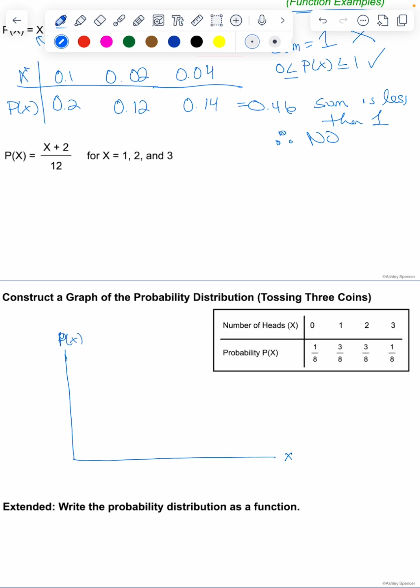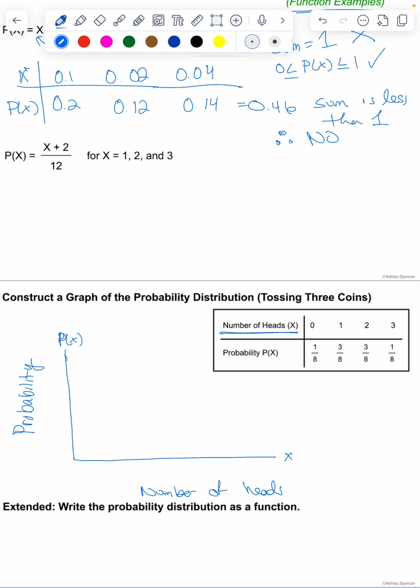This is going to represent P of X. Down here, we've got the number of heads, because that is what our variable is. And over here, we've got our probability. We are graphing 0, 1, 2, and 3.